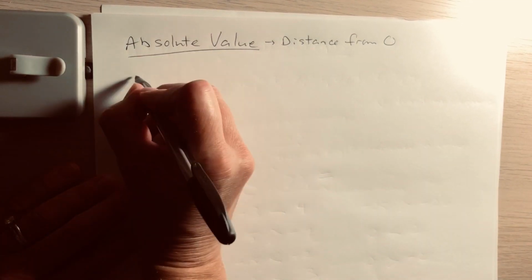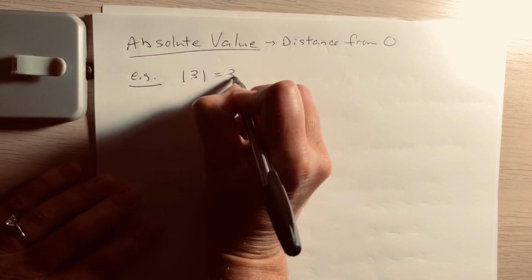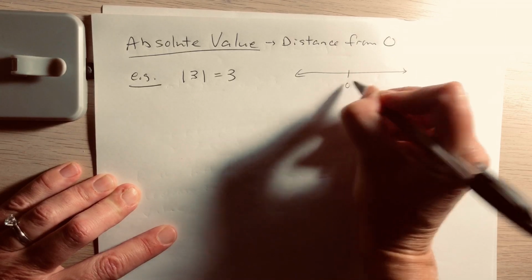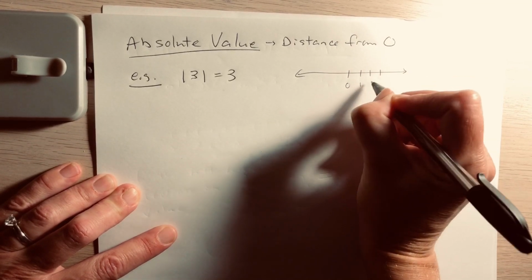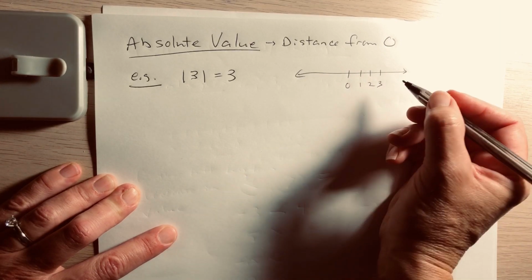So when we say the absolute value of 3 is 3, this is because if I look at the number line, the number 3 is literally 3 steps, 1, 2, 3, away from 0.